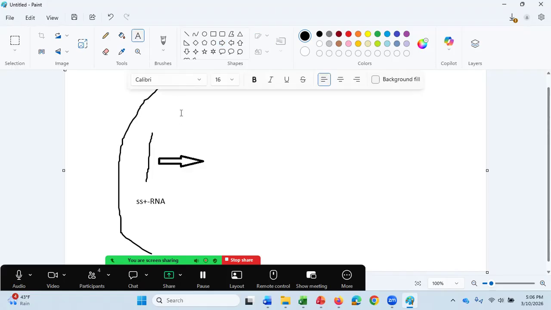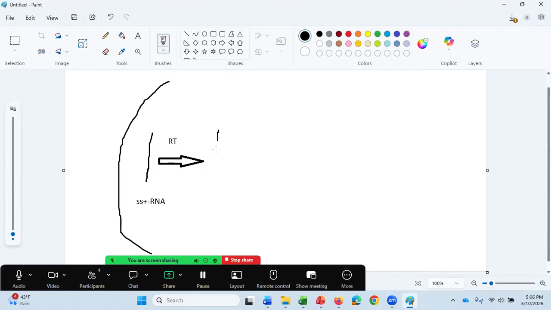I'm just going to go RT for reverse transcriptase. And the reverse transcriptase makes the single strand DNA. I'm sure I've done this. Can anyone confirm it? I remember watching this, but I can't speak for everybody else in the room.